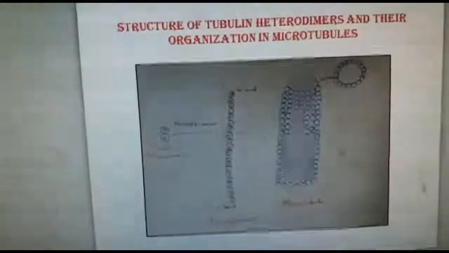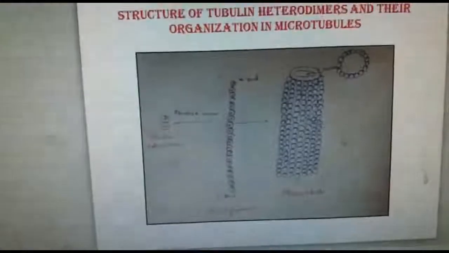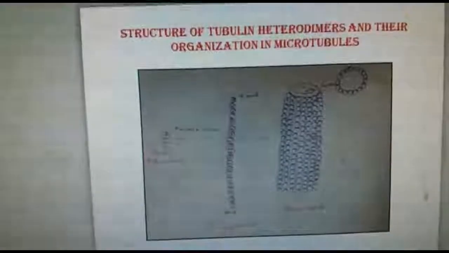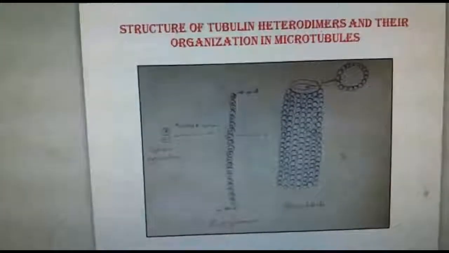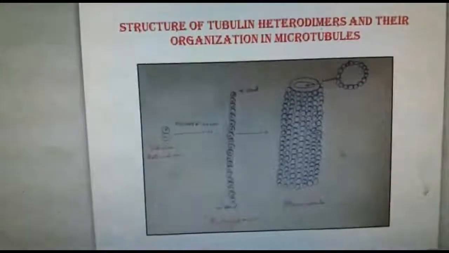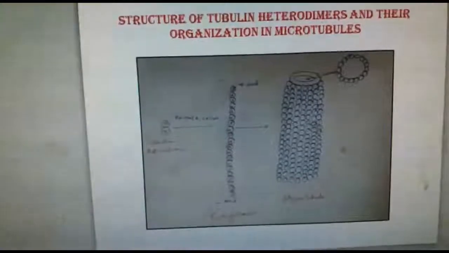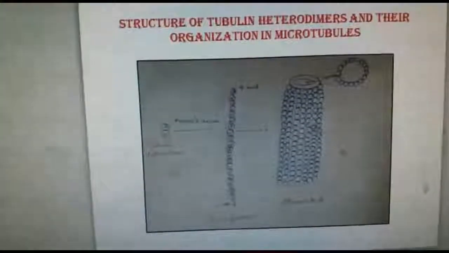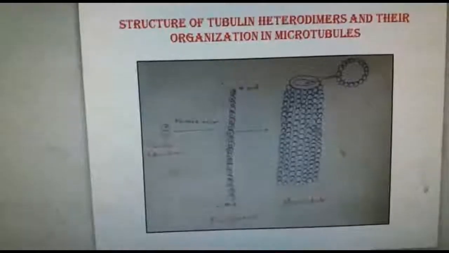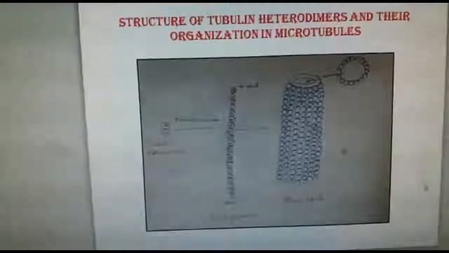Each linear array of tubulin heterodimers is called a protofilament, and in cells generally 13 protofilaments are arranged into a tube called a microtubule. Please follow the diagram properly. However, many examples exist in which microtubules have a different number of protofilaments, from 11 to as many as 15.